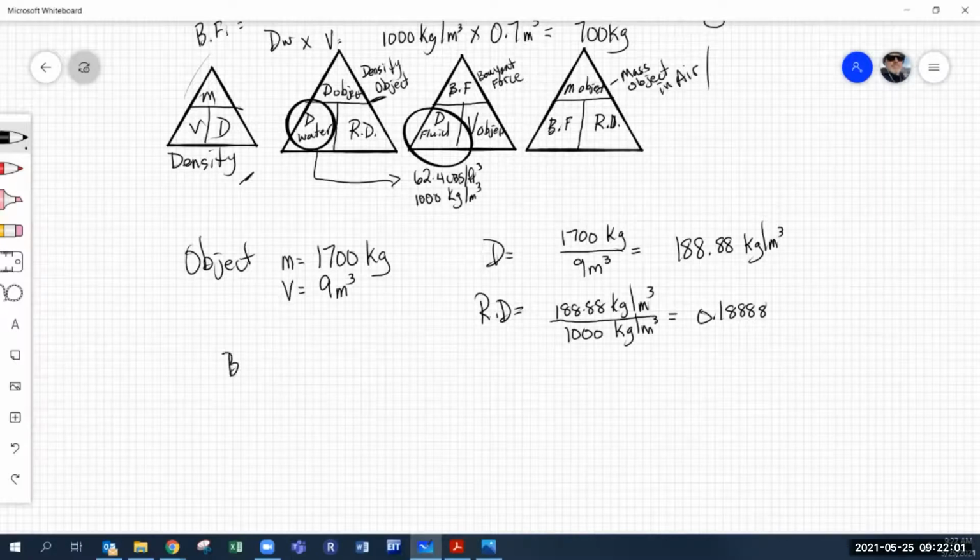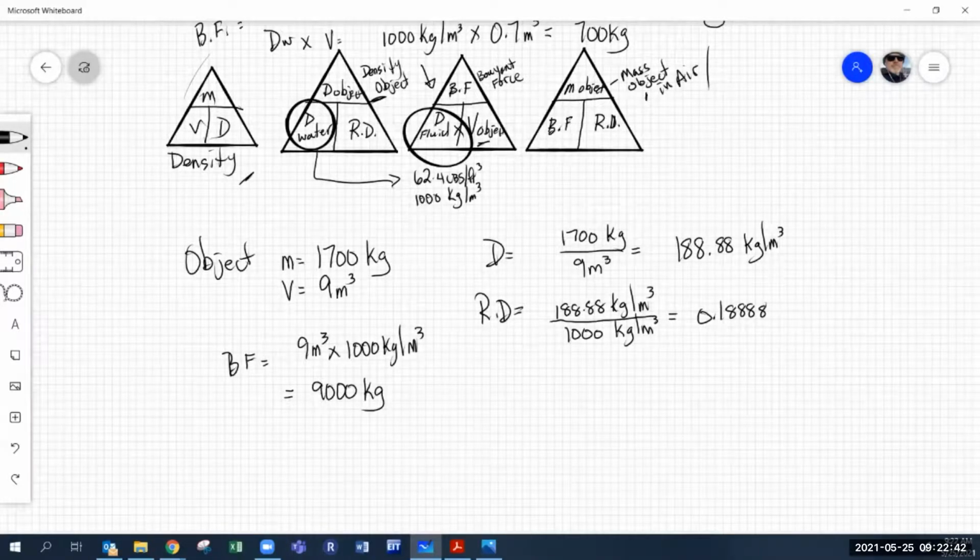The buoyant force of this object is take the mass of the object in air. Oh no, I got that wrong, didn't I? It's the volume. Did I get that wrong? No, here it is. Volume of the object, 9 cubic meters. Multiply that by the density of the fluid, 1,000 kilograms per cubic meter. The buoyant force is 9,000 kilograms on this object.